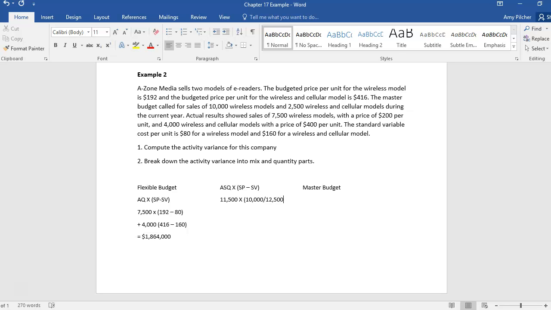So for our wireless models, we expected to sell 10,000 of our total 12,500 in product sales. And we're going to take that percentage times our contribution margin for that product.